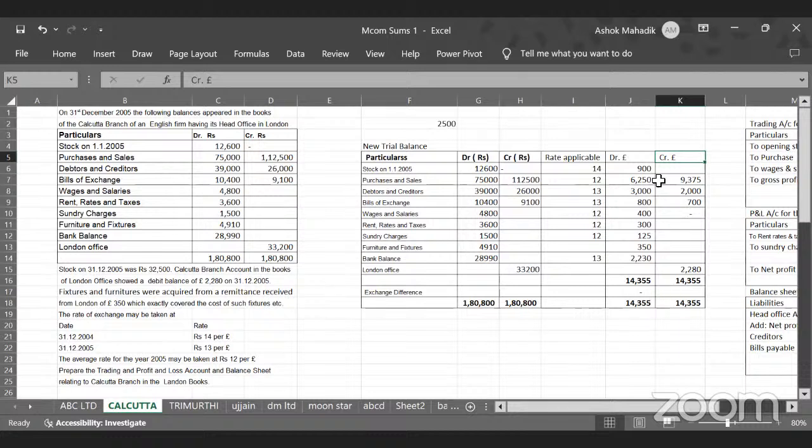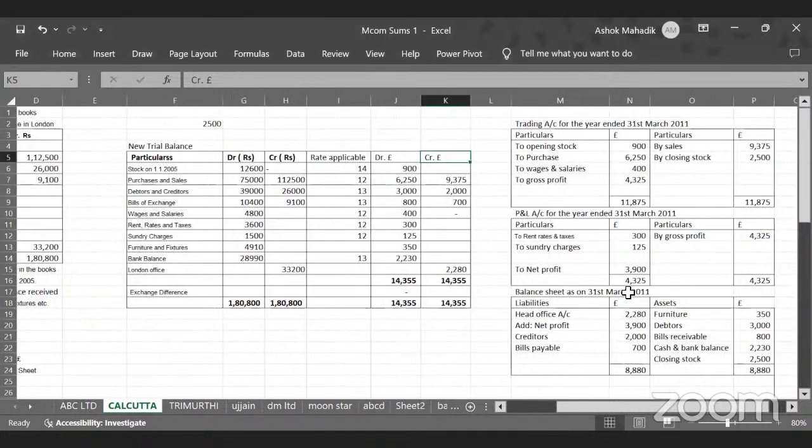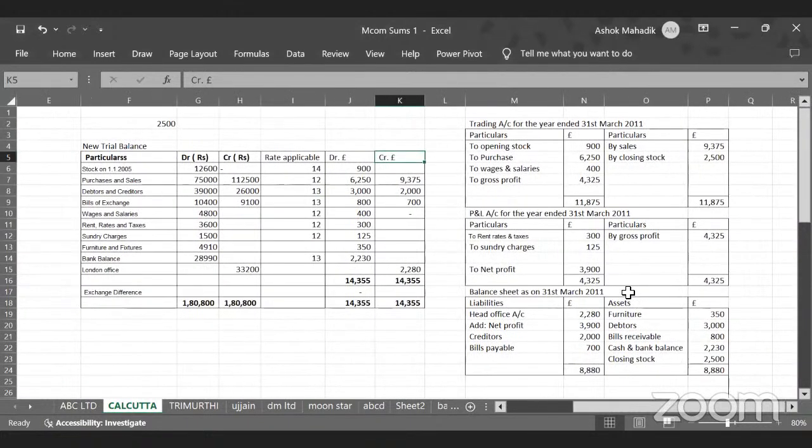I think this converted trial balance is getting tallied, so there won't be any exchange difference. Now from this converted trial balance, you have to make final accounts. Final accounts are just like your usual final accounts, but they will be in pounds and not in rupees.